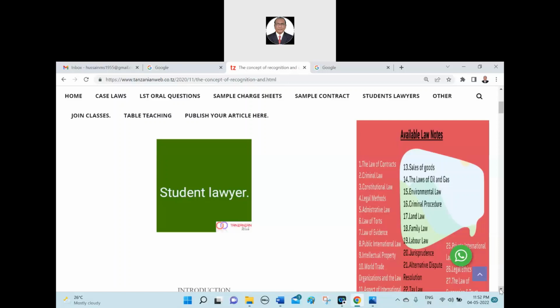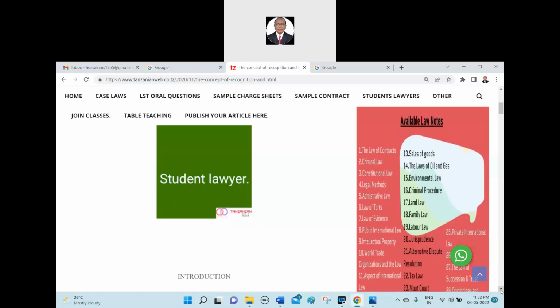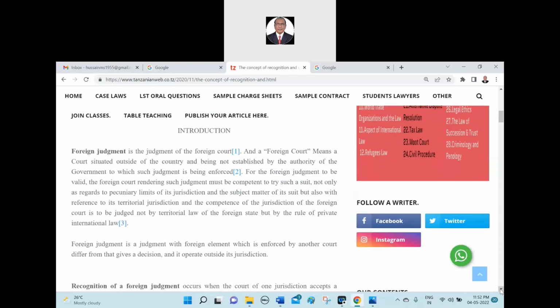So when you give definitions, when you answer, you should be very particular. What we have to say? A foreign law is that law which is other than the Tanzanian law for the Tanzanian people. Is it clear? For example, you can say Kenyan law, Ugandan law, and other laws.